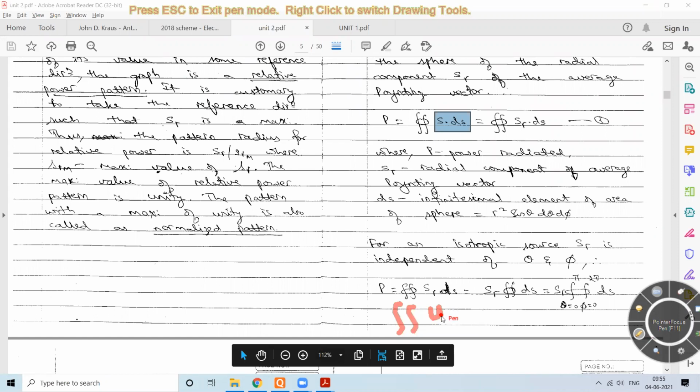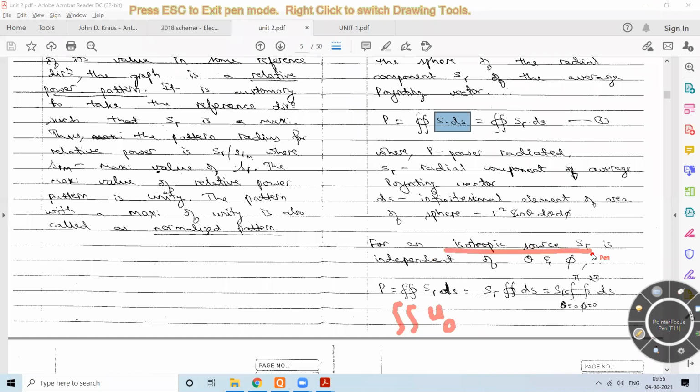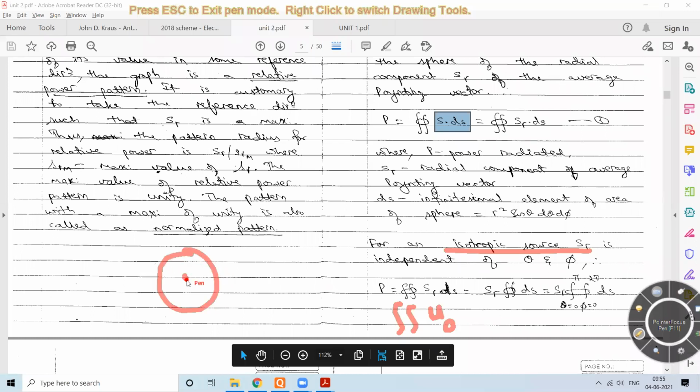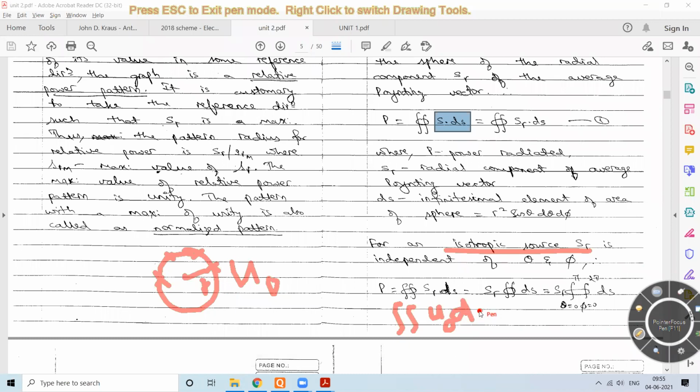It is a double integration of, I'll consider that it is U naught, because as per the definition of an isotropic antenna, if I apply the power theorem for an isotropic antenna considering the radiation intensity, if I measure the radiation intensity at a distance r, I'll see that all the values of radiation intensity on this observation circle will be the same. If I consider that it is U naught, then this equation will be U naught into d omega.